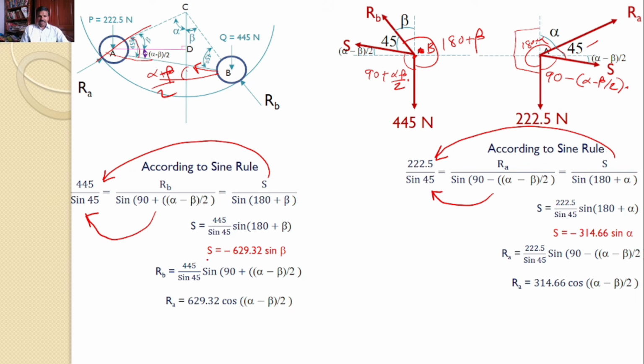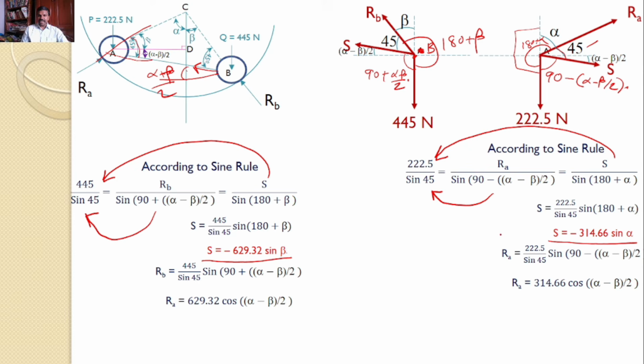Look at this. From the free body diagram of roller A, I got S is equal to minus 314.66 sine alpha, and from the free body diagram of roller B, I got S is equal to minus 629.32 sine beta. But both are equal because the force along the string is the same.